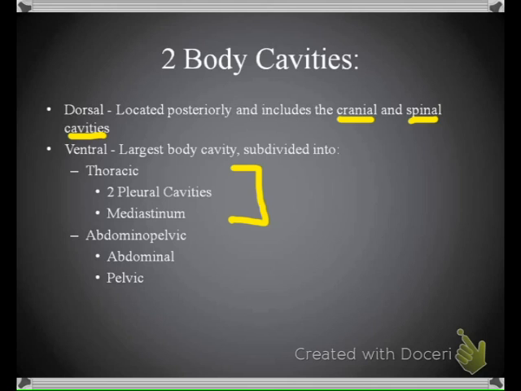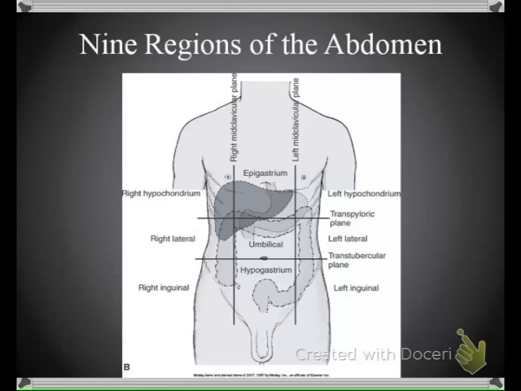Second is the abdominopelvic cavity, and as the name implies, it has the abdomen and pelvic cavity, and we'll see this embodied throughout our lectures. Also, it's very important that we see that there are 9 regions of the abdomen.